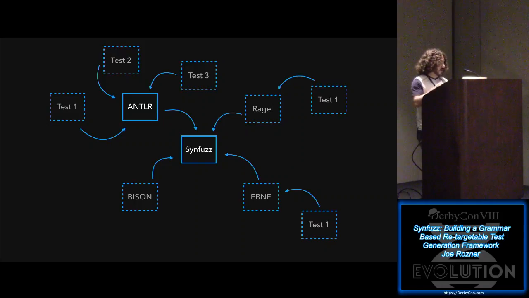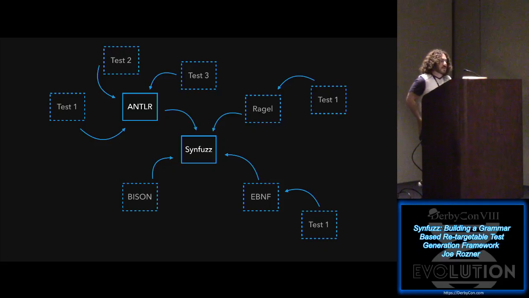You could have one for ANTLR, one for Ragel, one for EBNF, Bison. What these do is read in a grammar file for their specified format, and then translate that to the SynFuzz syntax tree. And then from there, you can generate test cases and use that to build your own test runners.